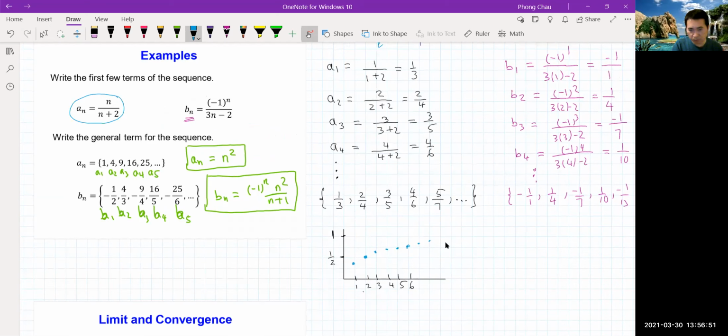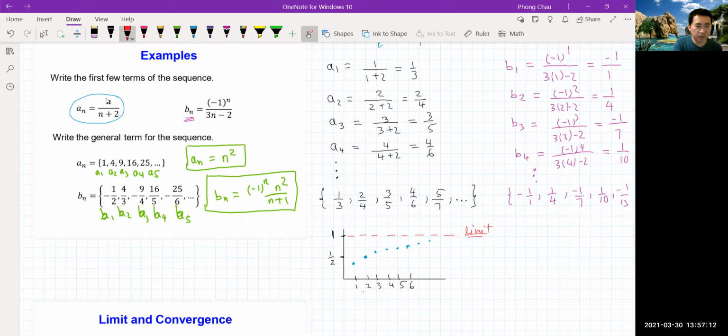Notice that they keep increasing, but it won't get beyond this line. And this is what we call the limit. It won't exceed 1.